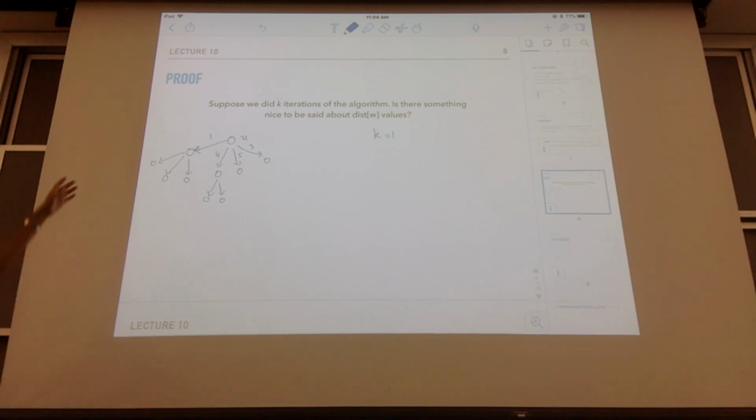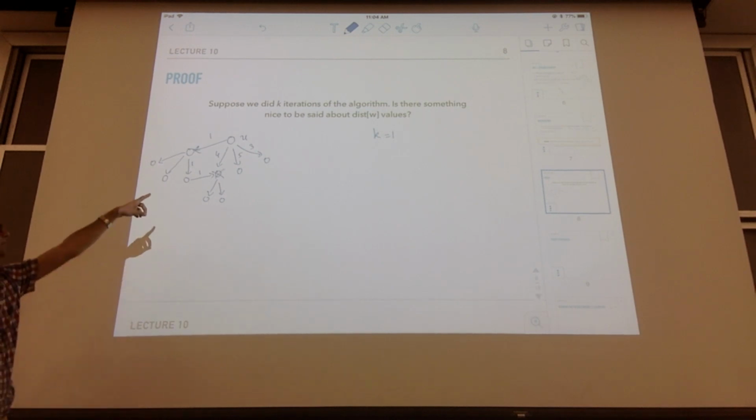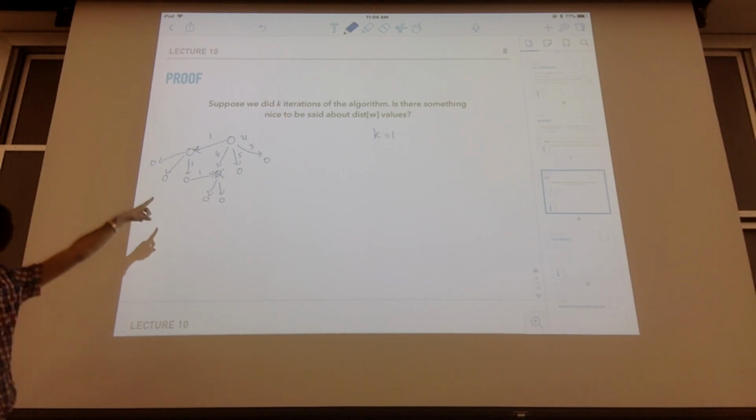And if you run it once, maybe some of the edges will get updated. But the point is, suppose there was a path which looked like this, where you came to this vertex, which is marked as x. So you came to this vertex, and the shortest path length to that is 3, right, because of the path around.